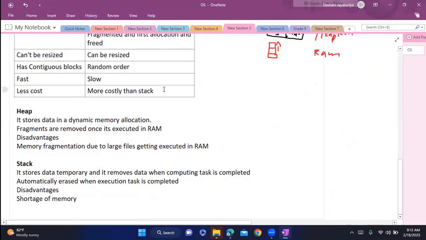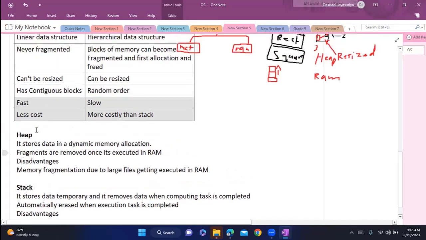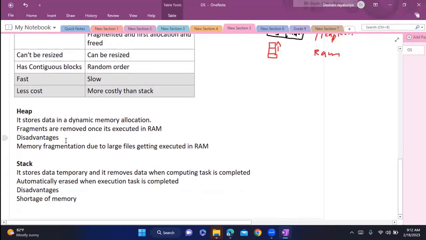If you don't have space to add these two, you can add them to the section that we wrote here, that stack is faster and heap is slow. That's also fine. As you want, you can change.